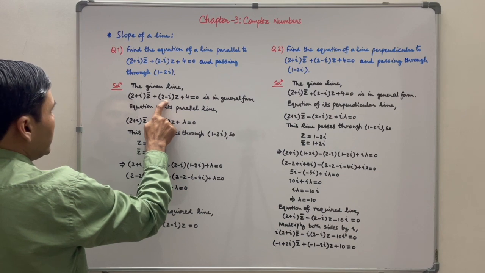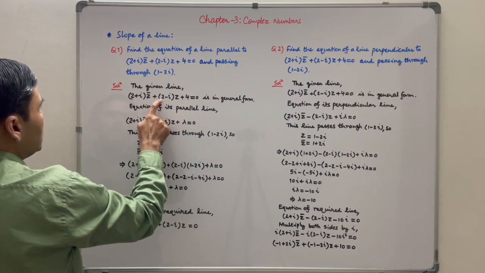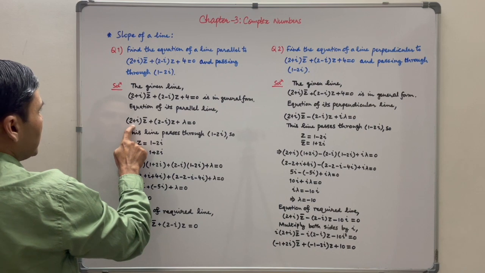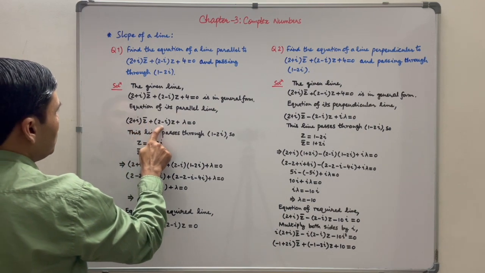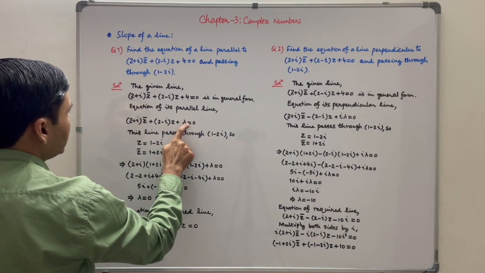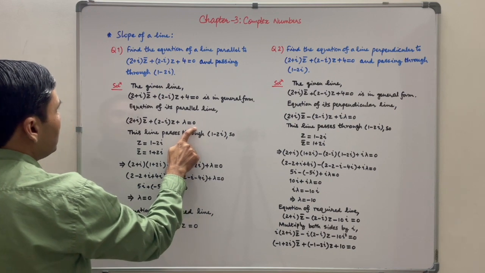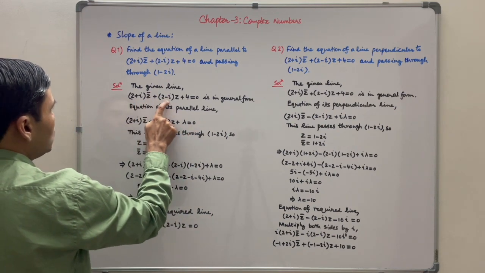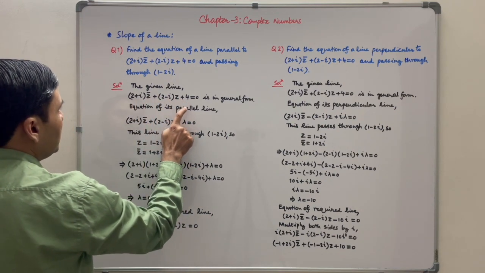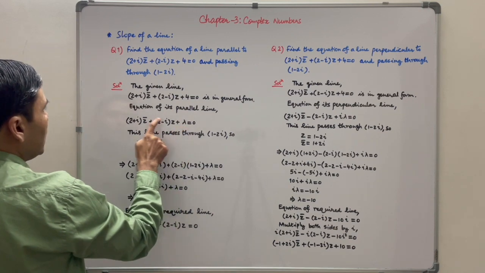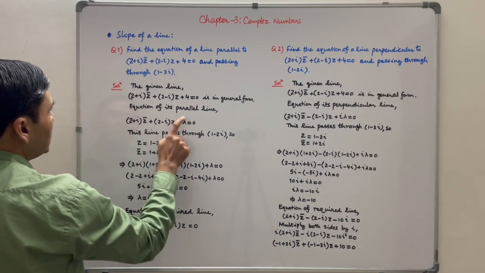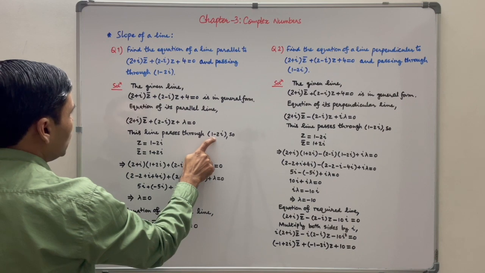Next, we will write its parallel line. So it is given by (2 plus i) z bar plus (2 minus i) z plus lambda is equal to 0. There will not be any change in first two terms and third term will be plus lambda. Now we will pass this line through the given point 1 minus 2i.